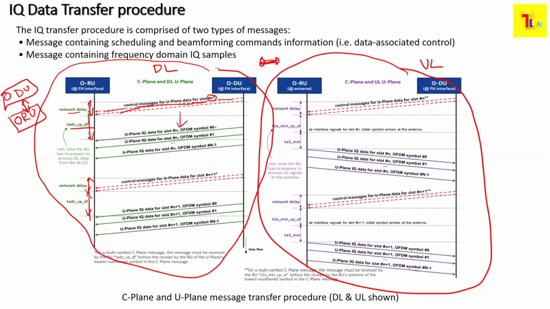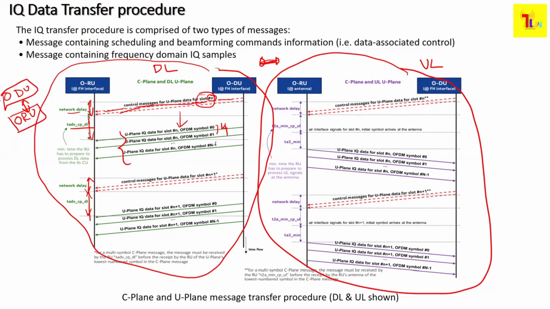From here you see control plane messages arrive at the ORU, followed by U-plane for the symbols. Once the C-plane messages have been sent, the respective U-plane data for all those slots will be sent. So for slot n symbol 0, slot n symbol 1, up to slot n symbol n minus 1. For example, there are 14 symbols in slot n.